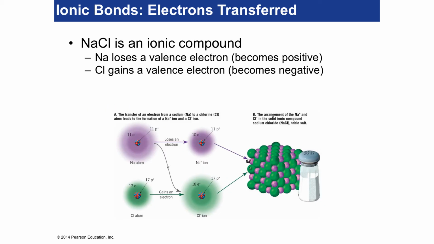Here's an example, sodium chloride. Sodium chloride is made up of a sodium atom which becomes a positive ion by giving away an electron, and a chlorine atom that becomes a chlorine ion by stealing an electron. So if one of the electrons is stolen and brought into the chlorine cloud, then you're going to have more electrons. You're going to have 18 electrons, but only 17 protons.